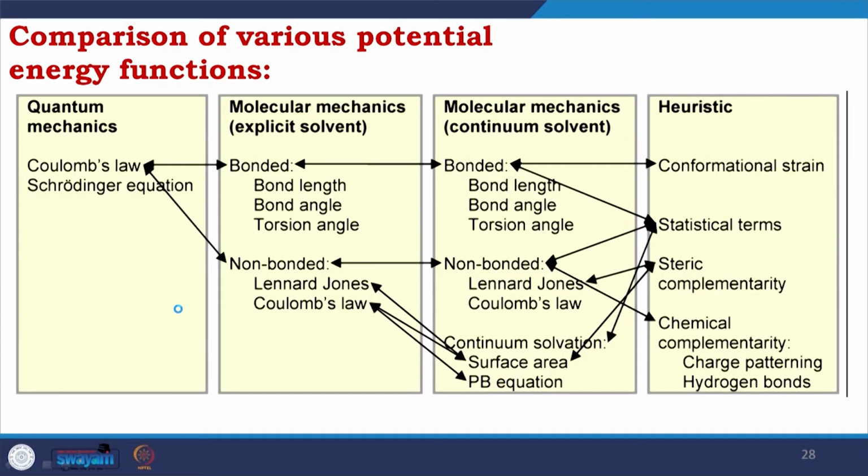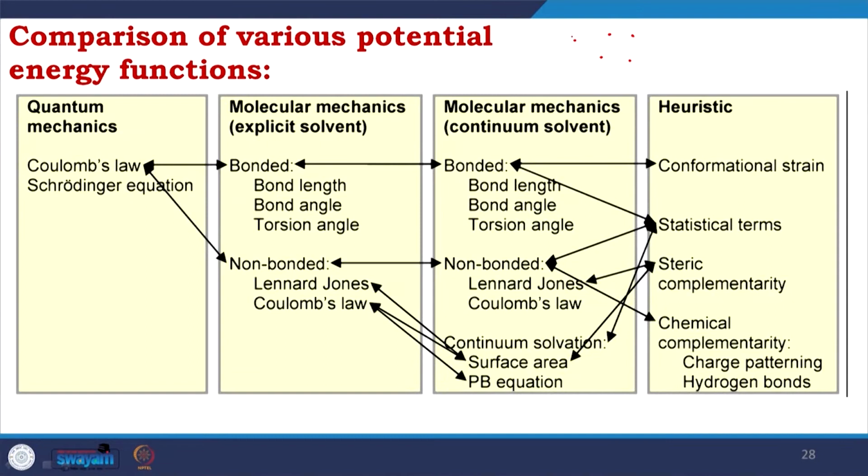So, here is a comparison of various potential energy functions taking quantum mechanics, molecular mechanics with explicit solvent, with continuum solvent, and heuristic. So, what is explicit solvent? If you remember, I talked about this in simulation.